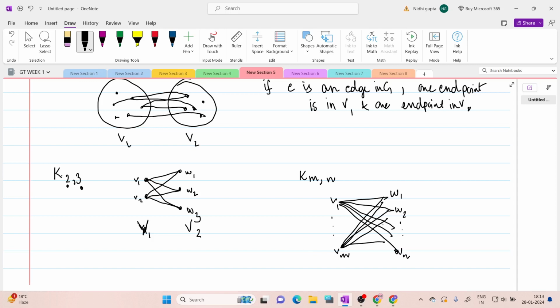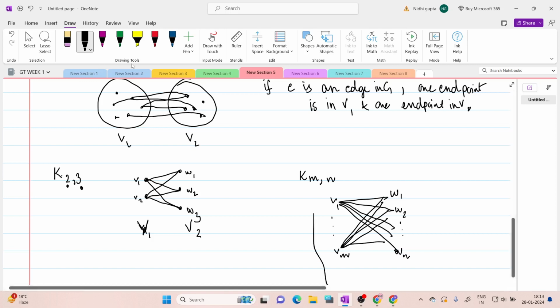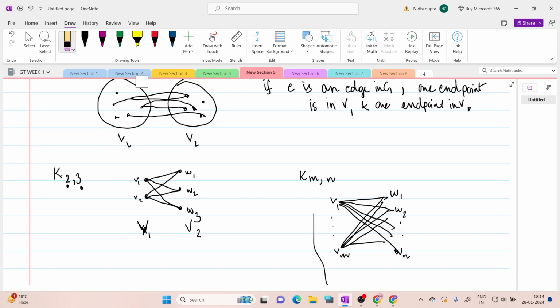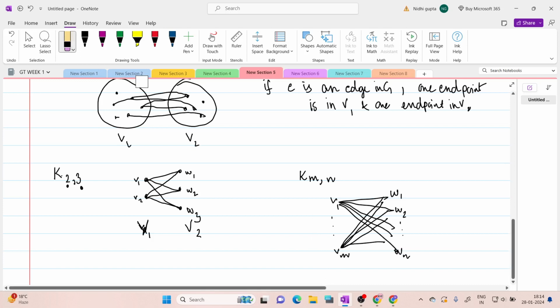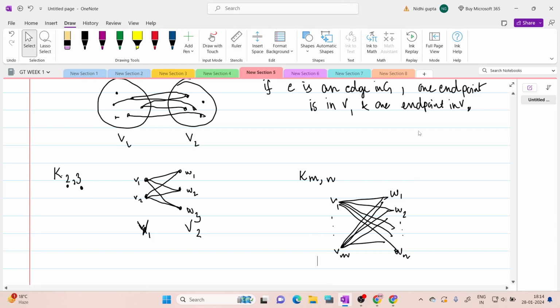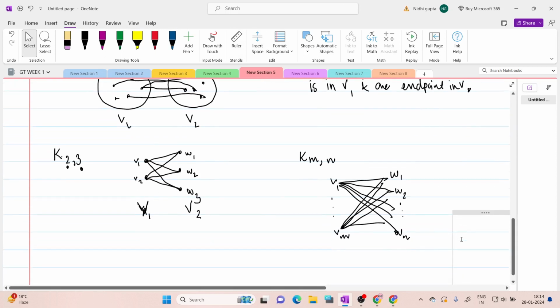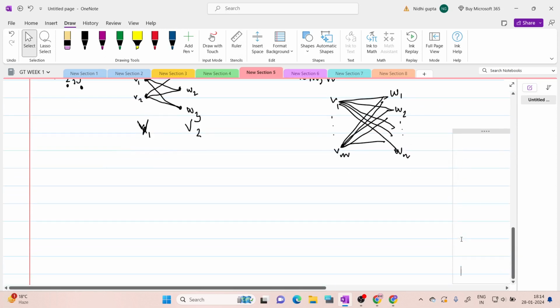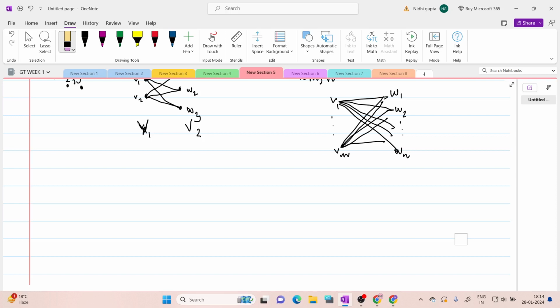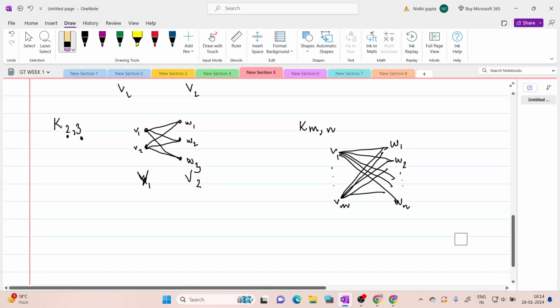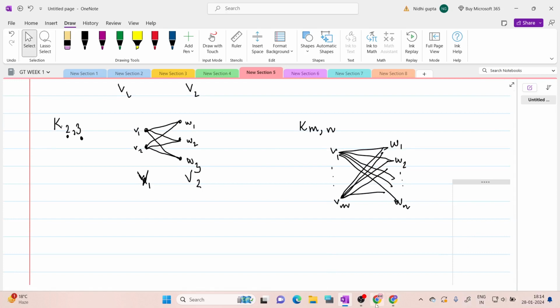It is called complete because, if you have m vertices and n vertices, this is the largest possible number of edges of a bipartite graph. Now, is everyone clear with the definition of a complete bipartite graph also? Any doubts?